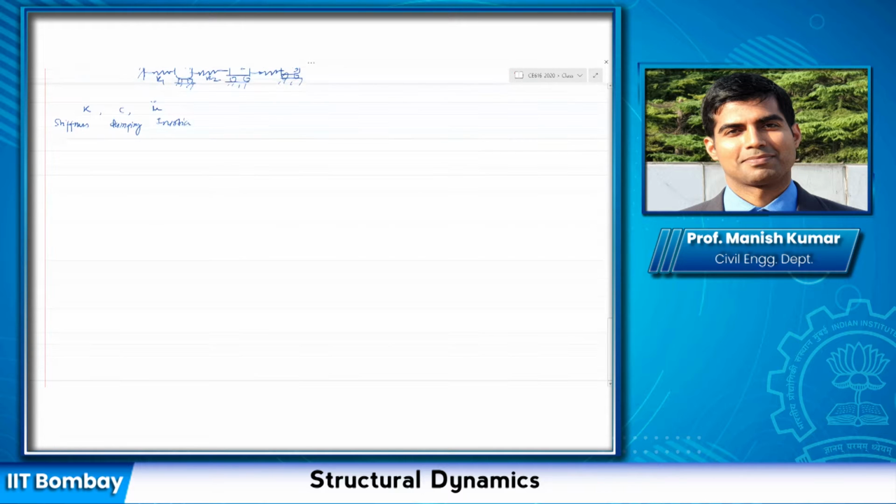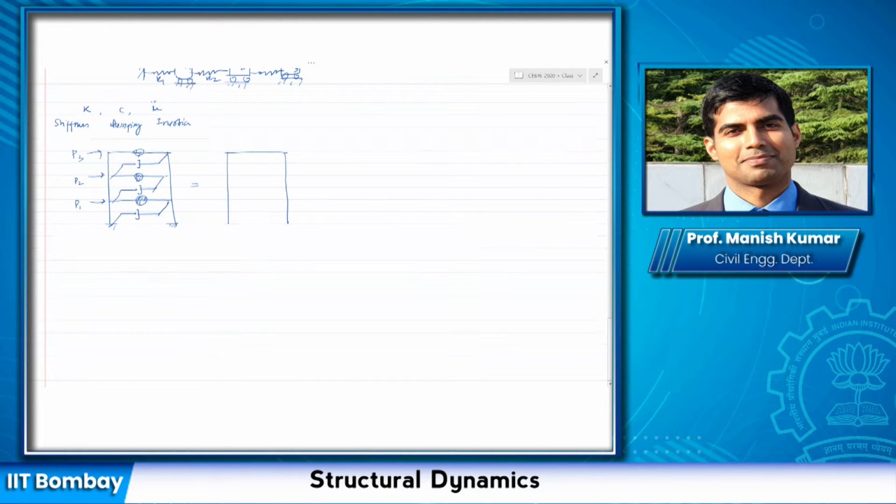So the overall system, let me redraw that system again for you. This is my overall system that we have considered here. I have, of course, damping and the mass here at each level, forces that are applied at different levels, P1, P2, P3, and there are dampers at each level. So what I do is dissociate this system in terms of stiffness component.